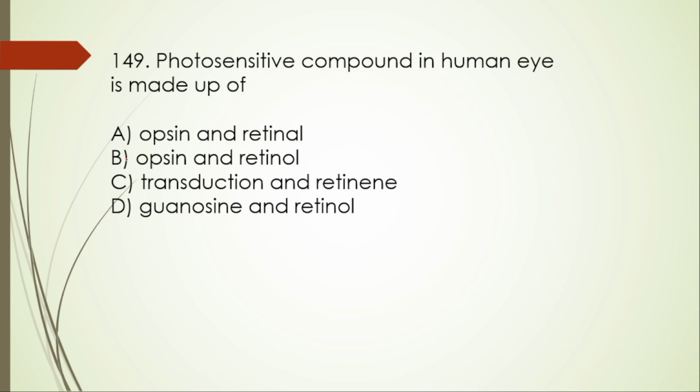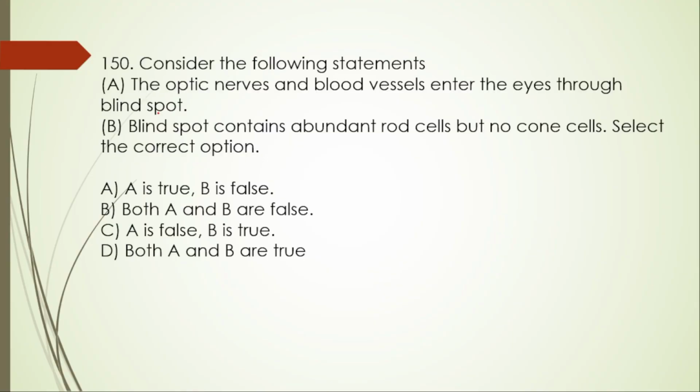149. Photosensitive compound in human eye is made up of A, opsin and retinal. Yes, this one itself is right. 150. Consider the following statement. A, the optic nerves and blood vessels enter the eyes through blind spot. Yes, it is true.